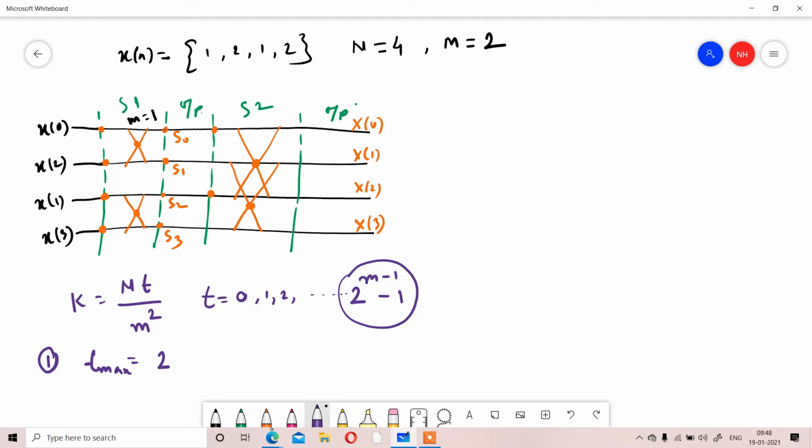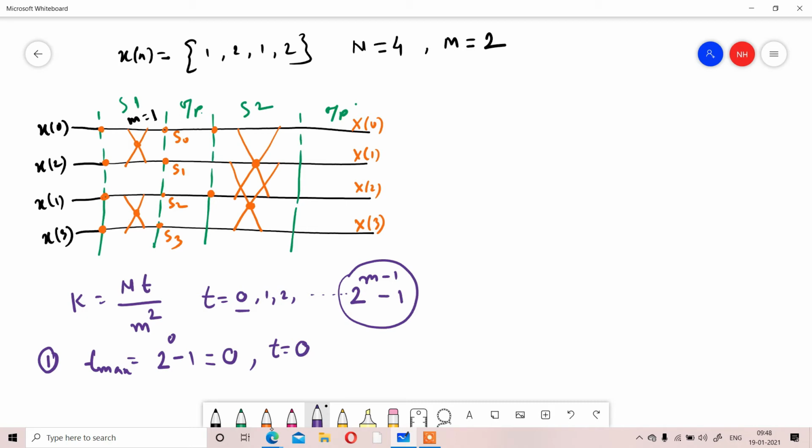If we replace the value of small m by 1, 2 to the power 1 minus 1 minus 1. So 2 to the power 0 minus 1, that value defines 0. That means t will start at 0 and t will end at 0. So that is the initial value as well as the last value of t. So the t value will consider only 0.